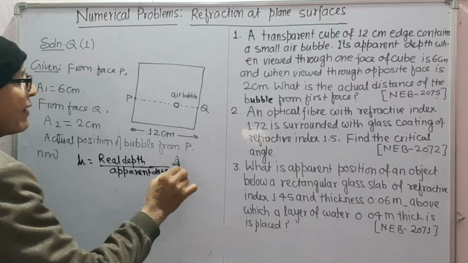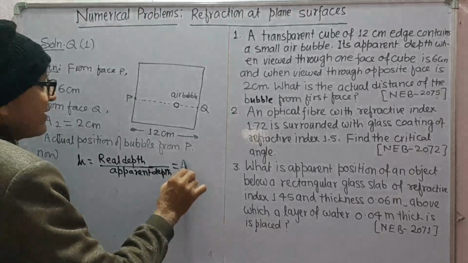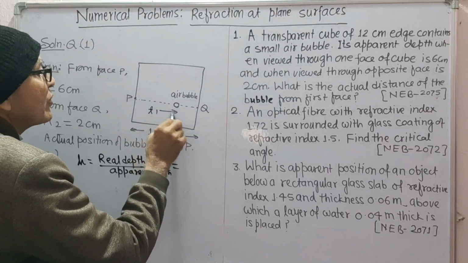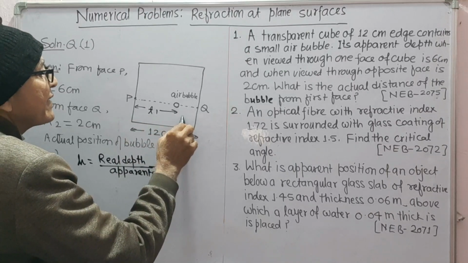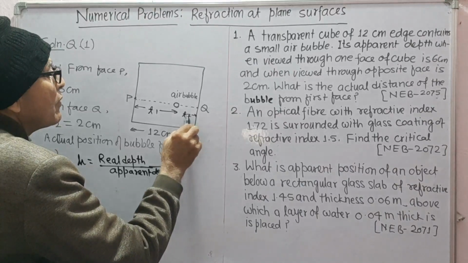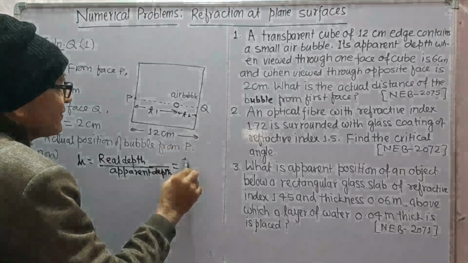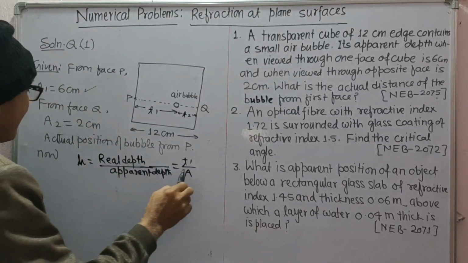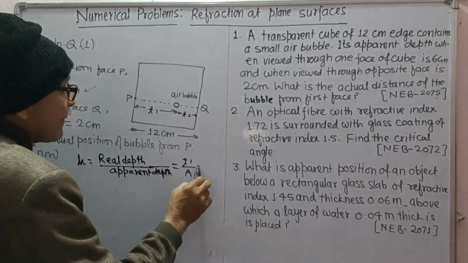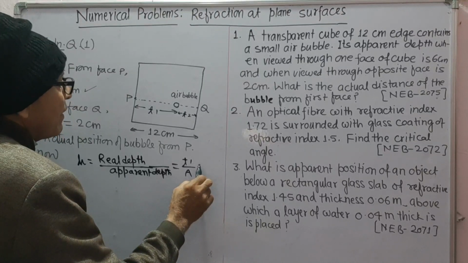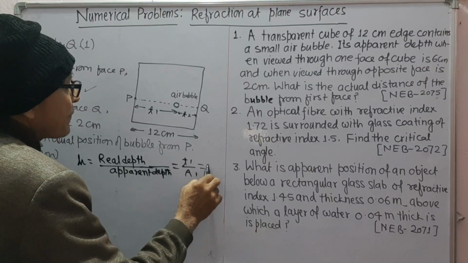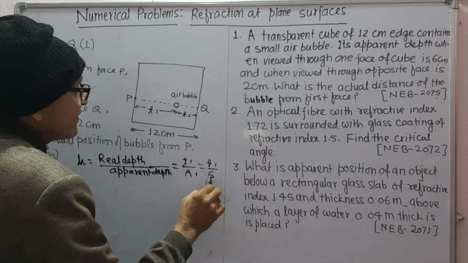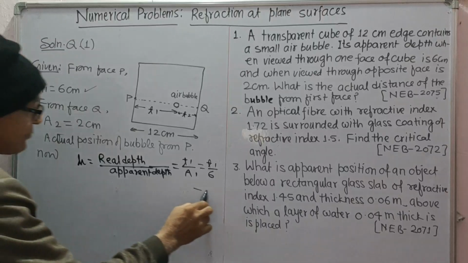Suppose the real depth is T1, this distance is T1, and this distance is T2. So real distance is T1 and apparent distance is A1. Mu is T1 upon 6. Suppose this is equation 1.